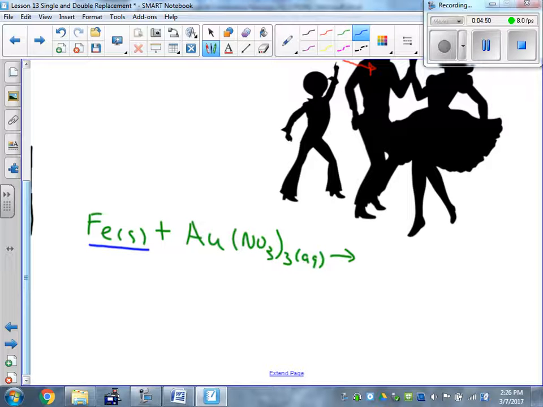It will switch positions with the other metal. So if you look at gold 3 nitrate, what's the metal in gold nitrate? The metal's obviously gold. So these two here are going to switch positions, and that will be your products. So watch. Gold's going to come out here by itself.